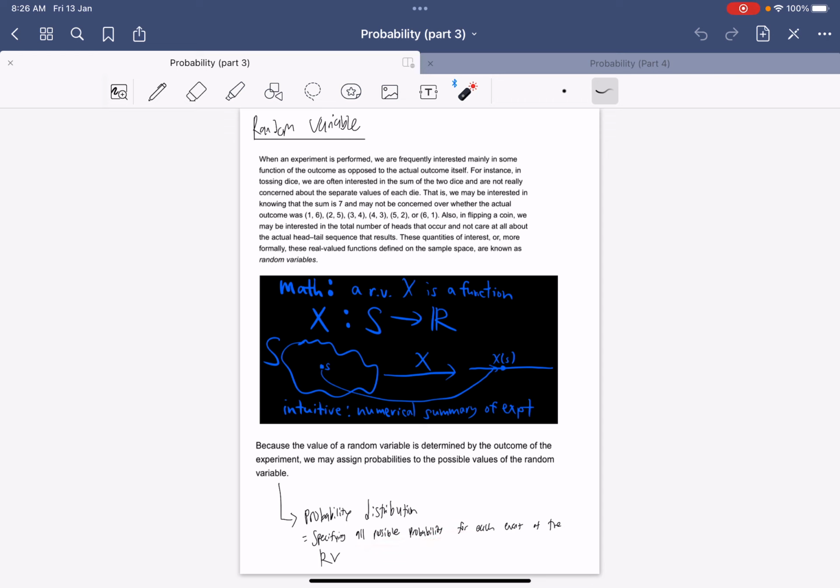That's really what we mean by saying we give it a probability distribution. So the gist of it is that the random variable is a summary of the experiment, and we assign it a probability distribution by specifying all the possible probabilities. This probability distribution tells us the chance that the random variable equals x.